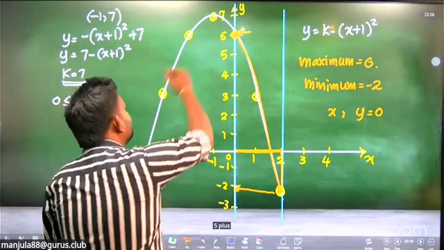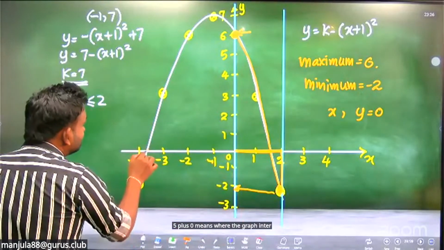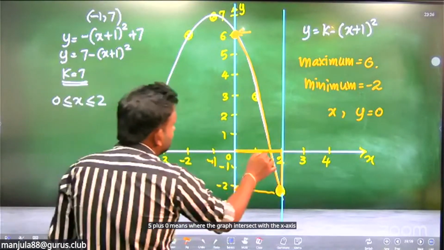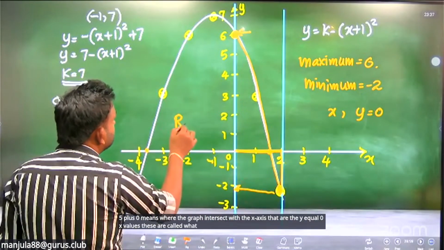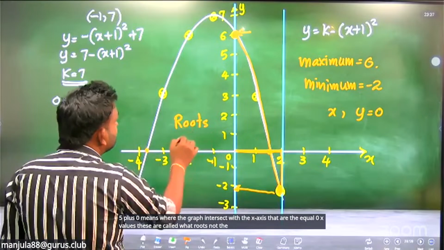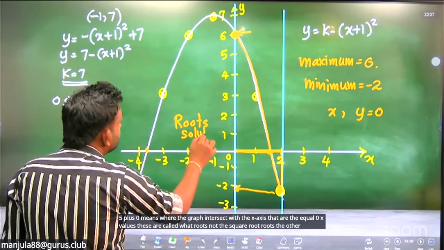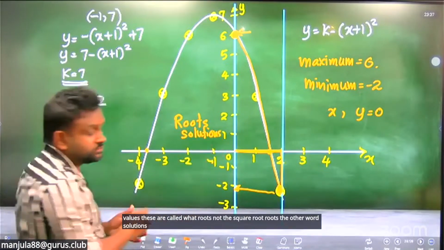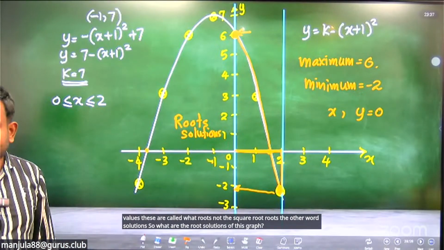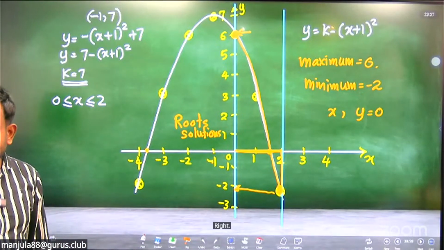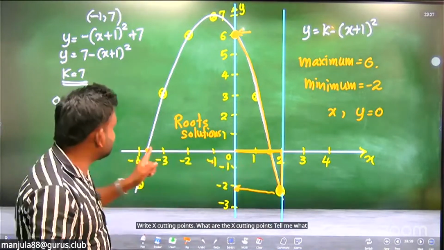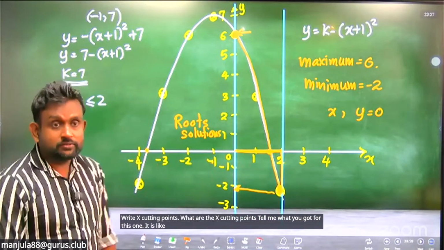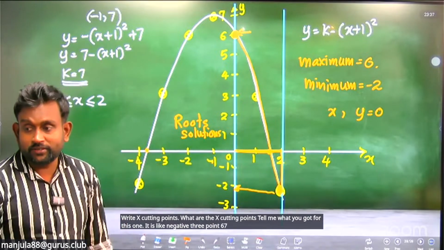These are called what? Roots. Not the square root, roots. The other word, solutions. So what are the root solutions of this graph? Right, x cutting points. What are the x cutting points? Tell me what you got for this one. It is like negative 3.6778 something.